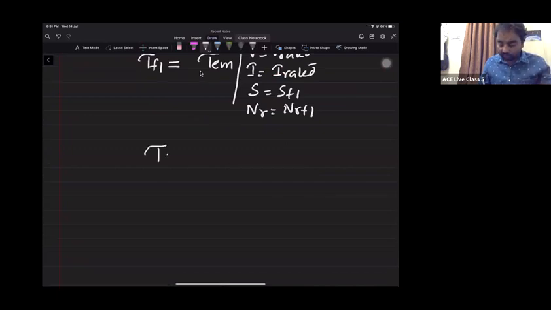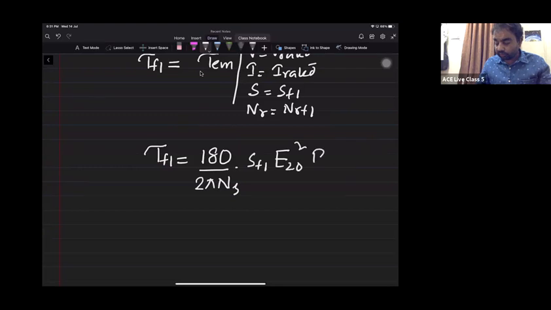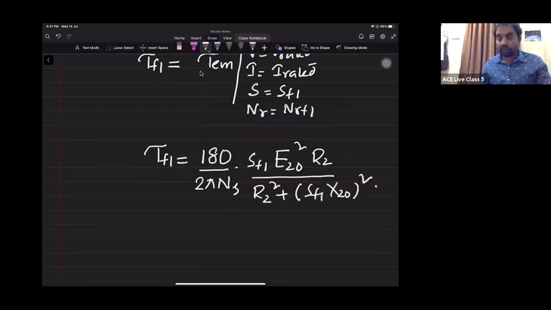So full load torque is equal to 180 by 2 pi Ns, S_FL, E2 naught square into R2 by R2 square plus S_FL x2 naught square. So this is the equation for full load torque.